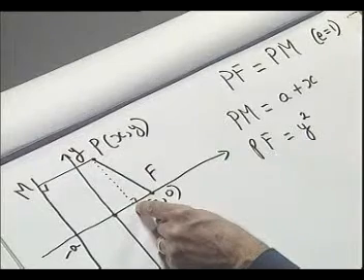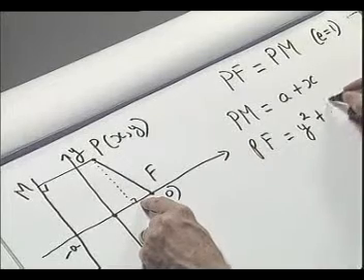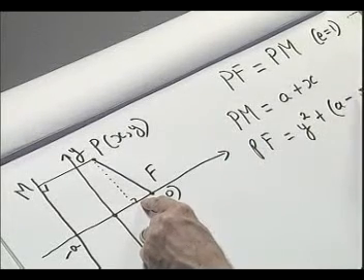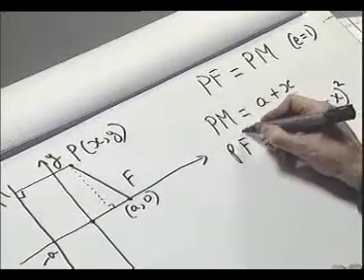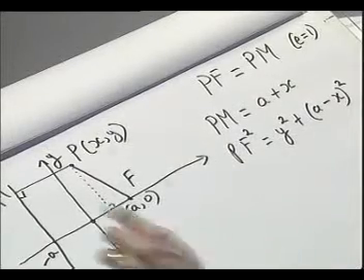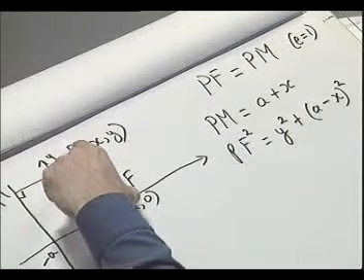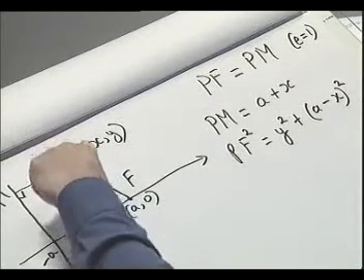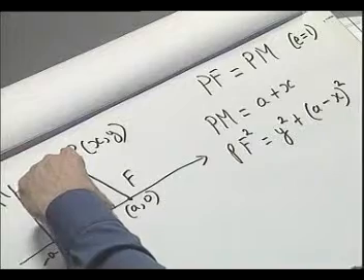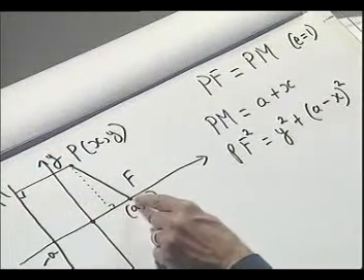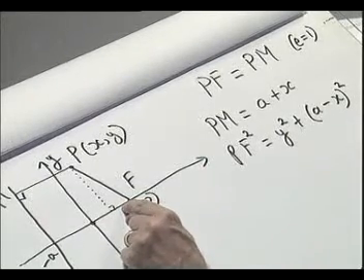Up to there is x, and up to there is a, so that little bit in there is (a minus x) squared. So this is PF squared. Let's just check that again. PF is the hypotenuse of a right-angled triangle, so using Pythagoras, PF squared is that squared plus that squared. That's the height y that P is above the x-axis. Up to there is x, up to there is a, so the distance between there and there is a minus x.